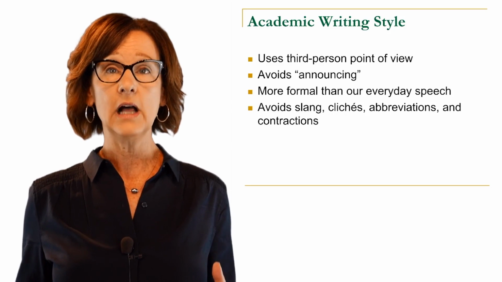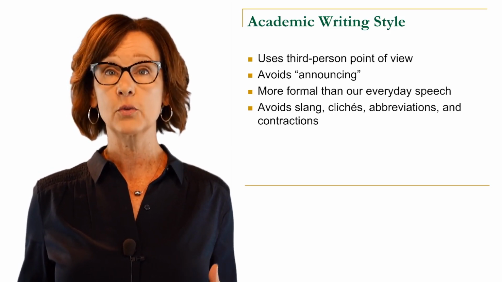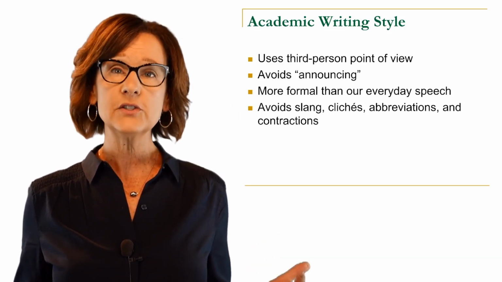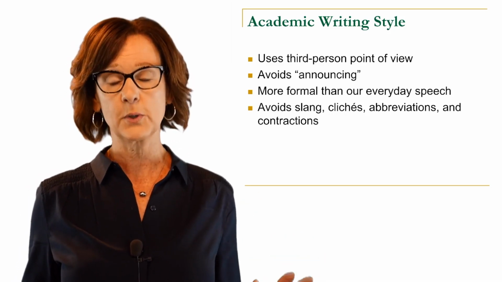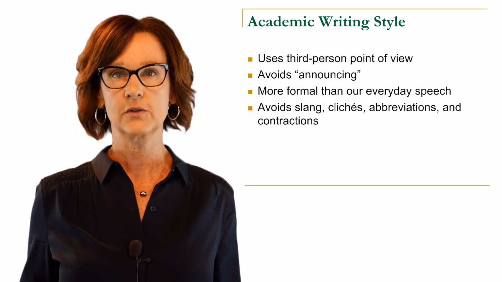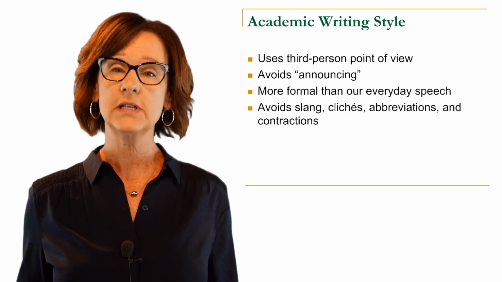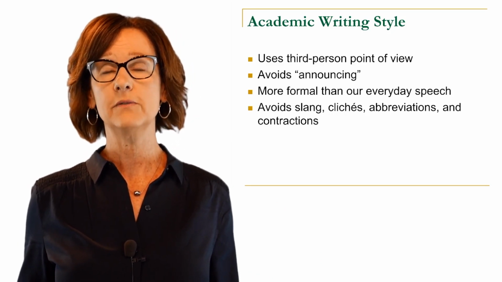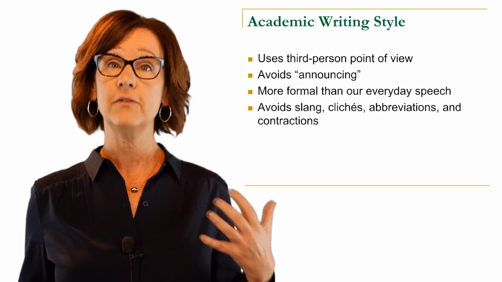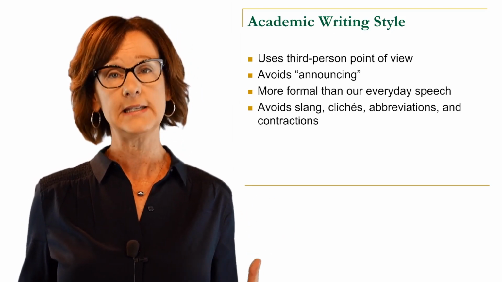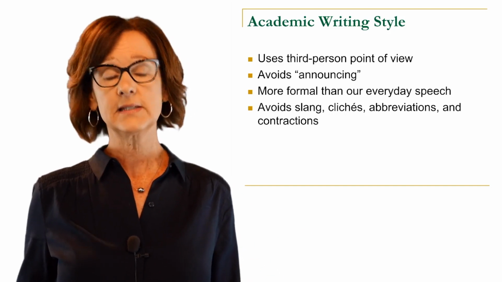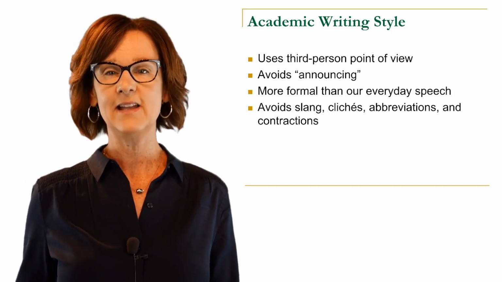But when you're in a college course, you want to write in third person point of view unless your instructor has specifically asked you to write in first person, in which case, of course, follow your instructor's guidelines. But most of the time you want to write in third person point of view because it's a more formal writing style and allows you to put your ideas first. So that's something that we're going to be looking at today.